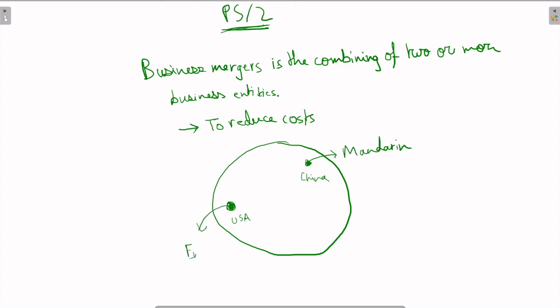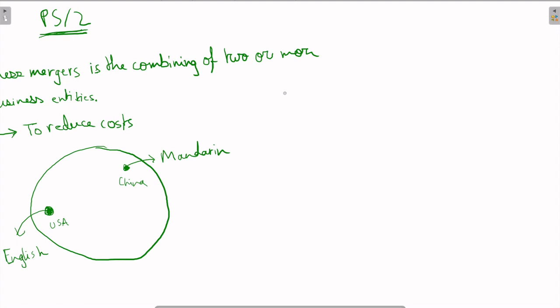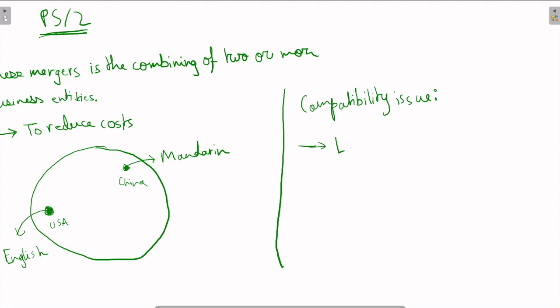So because of their geographical locations, there's also this compatibility issue: when they merge, all of their documents and everything are in different languages. So here I'll note this down as a compatibility issue: language differences. This is totally plausible.